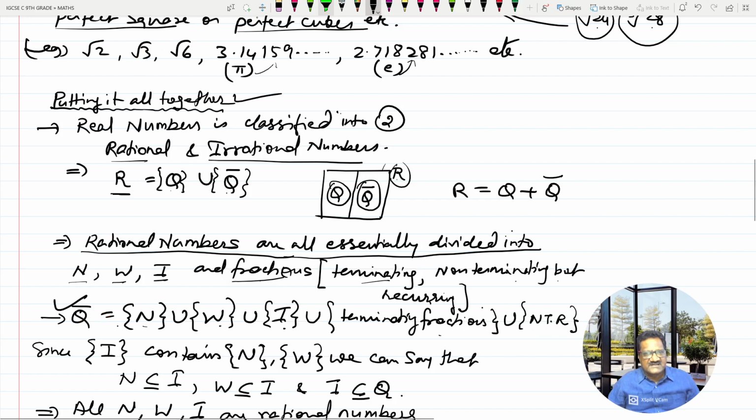So this is actually not irrational number, this is rational number. I should not put a bar on top of it. So rational numbers will be what? All natural numbers are rational numbers. Whole numbers are rational numbers. Integers are rational numbers. Terminating fractions are rational numbers. And non-terminating recurring numbers are also rational numbers. So that is what I have written in this point.